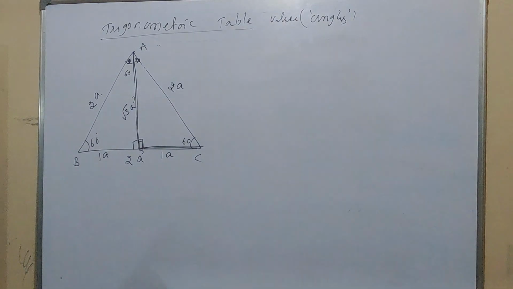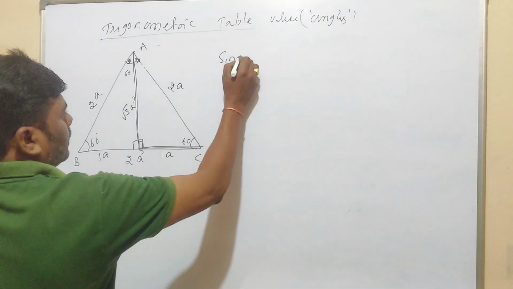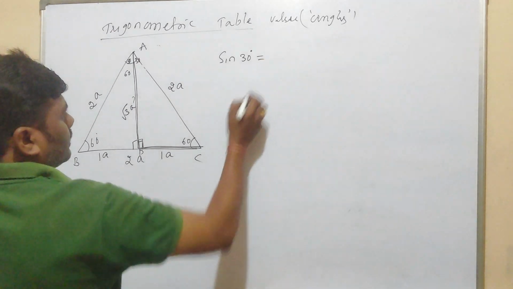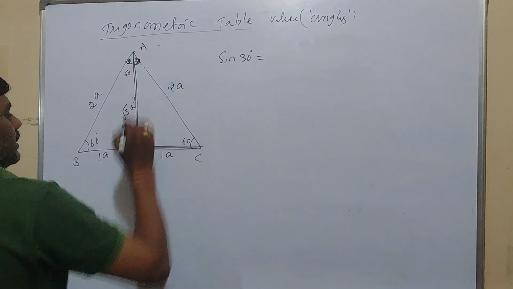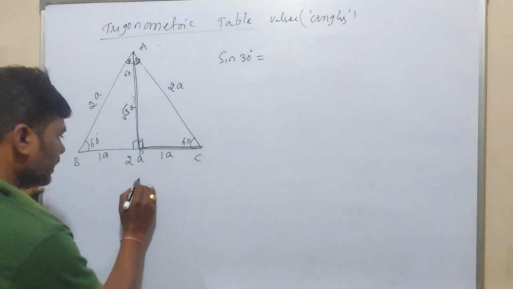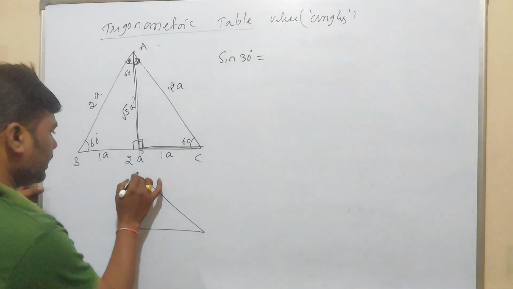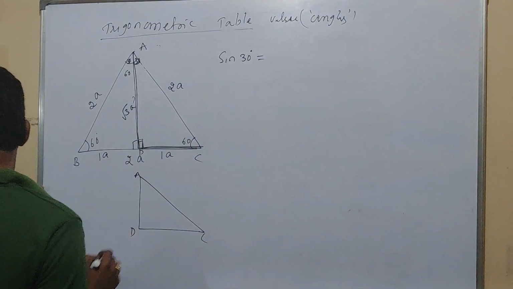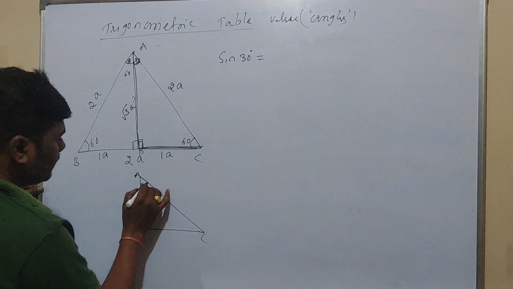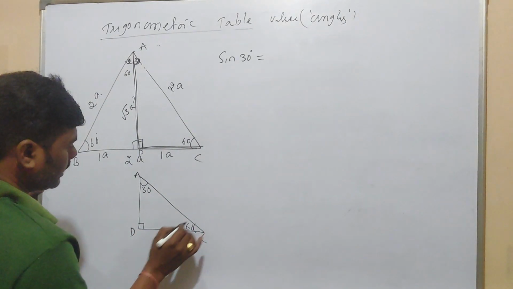Now use this triangle. Sine 30 degrees. Sine 30 means the angle is here. I am drawing this triangle A, B, C. So angle A is 30 degrees, this is 90, this is 60.